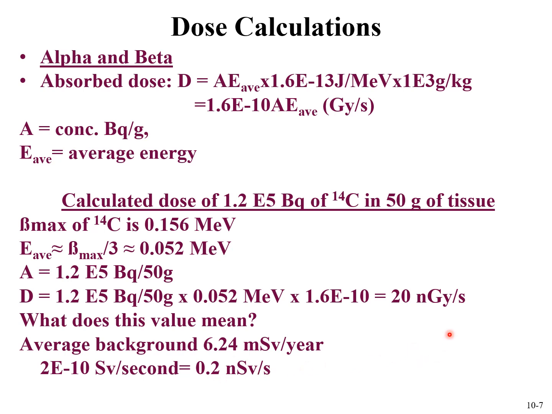So this calculated dose is 2 orders of magnitude larger than the background dose. So this 20 nanosieverts per second is 100 times background. So that's a reasonable estimation, and a value that one can use to compare a calculated dose with a meaningful value.